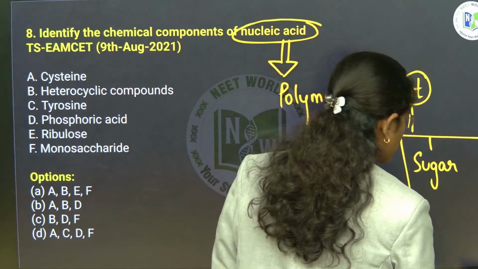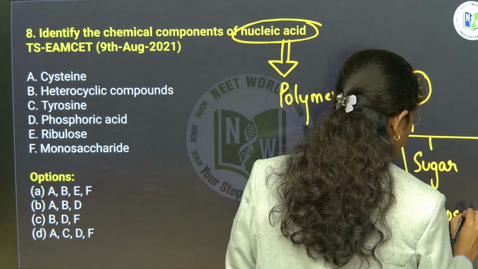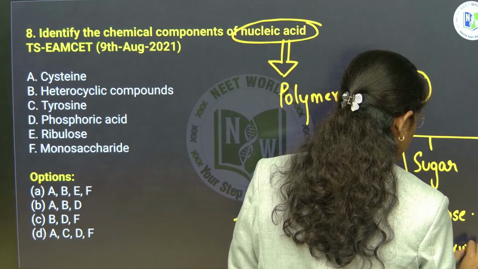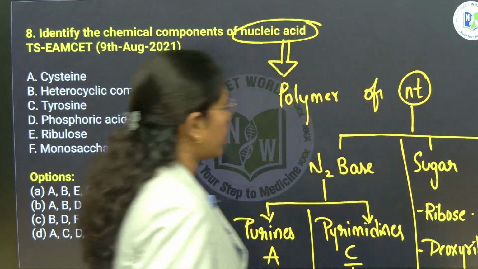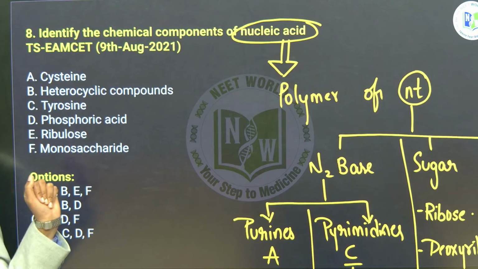Next, when it comes to sugar, it can be ribose or deoxyribose. Fine, right. Now you see what are the components of a nucleic acid is the question.